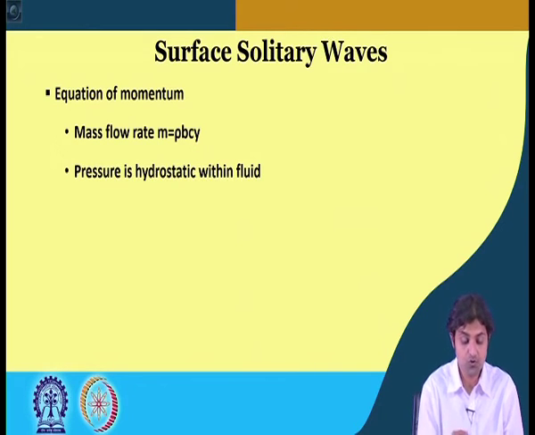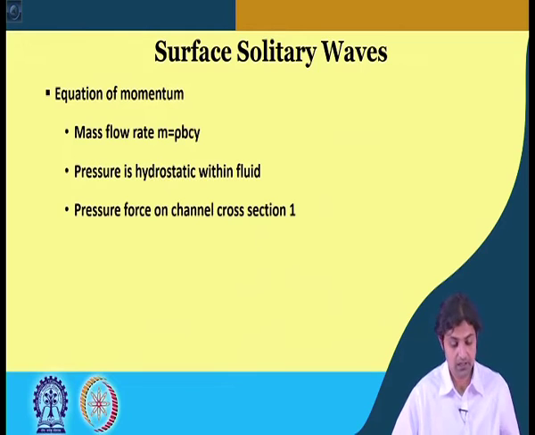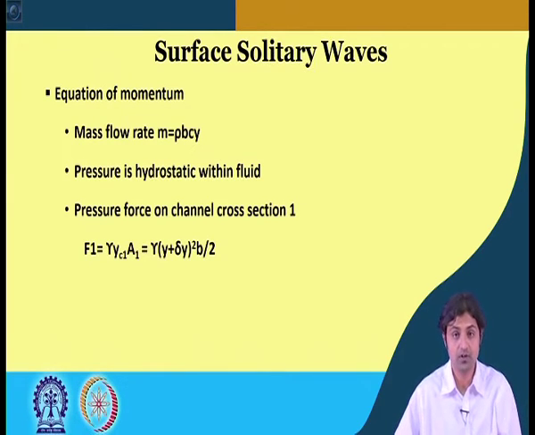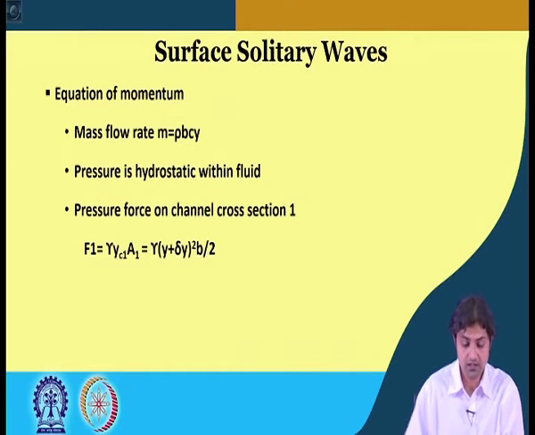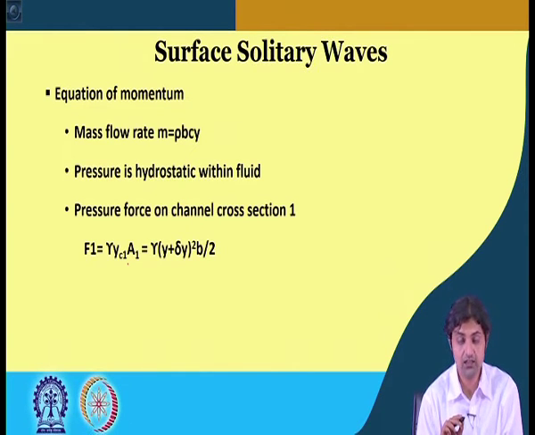We assume that the pressure is hydrostatic within the fluid, and therefore, the pressure force on the channel in cross section 1 will be, if you remember from your fluid statics class, gamma y c 1 into A 1, where the height was y plus delta y.